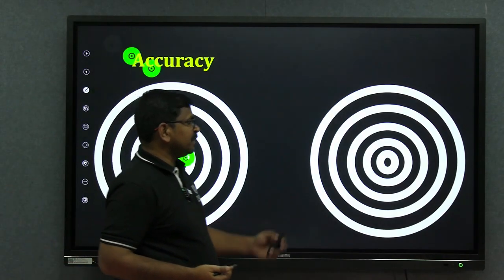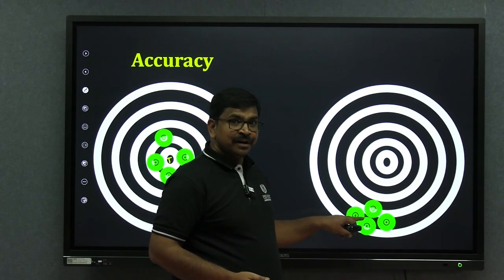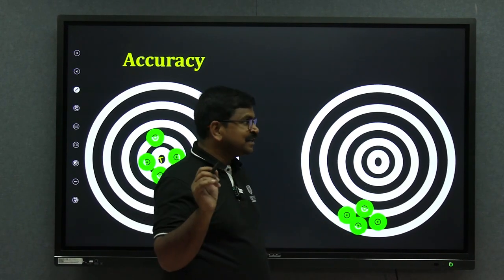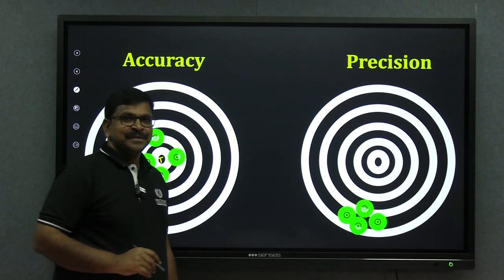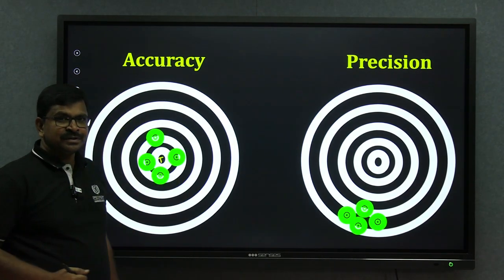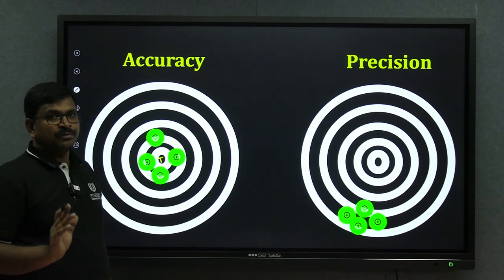Suppose here you may get shots like this. They are not accurate, but they are very near to each other. So it is precision. Precision indicates the closeness between the measured values. Accuracy indicates closeness with the true value.